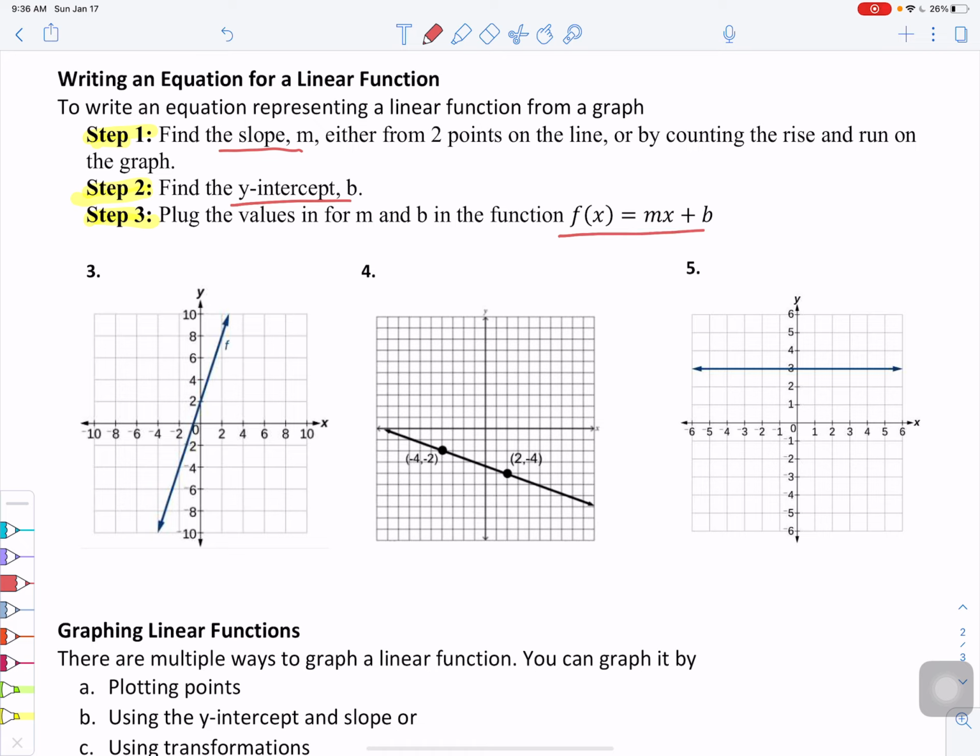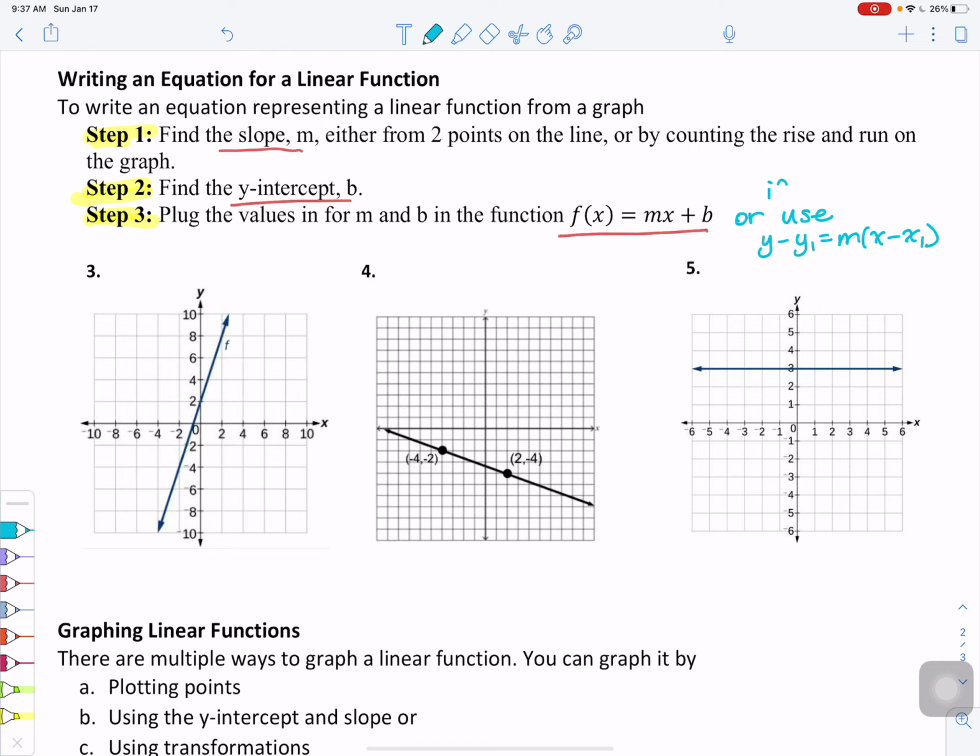Now sometimes b isn't clear. So maybe it's not exactly on one of the points on the plane that you can identify exactly. Let's put a note here. Or use y minus y1 equals the slope times x minus x1.